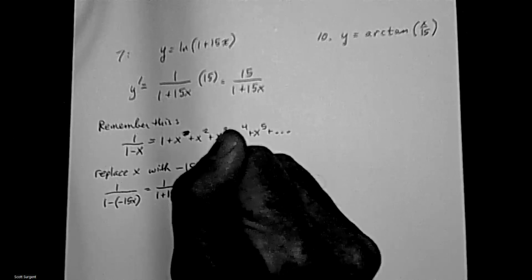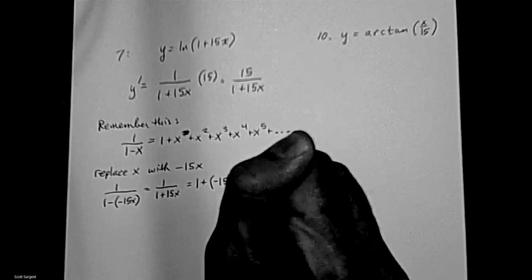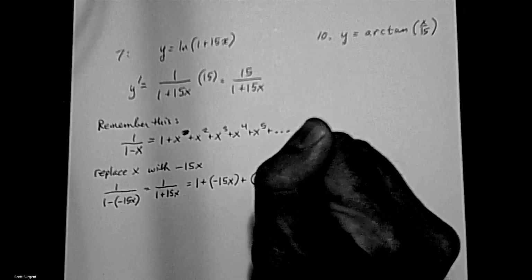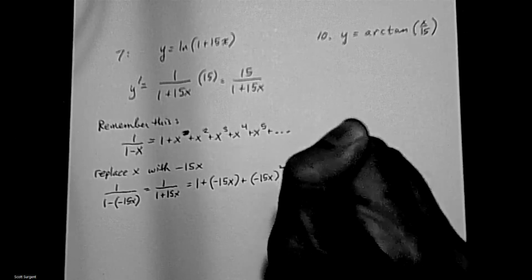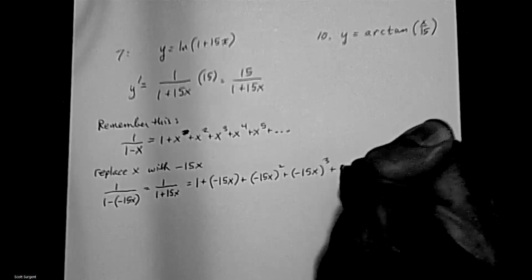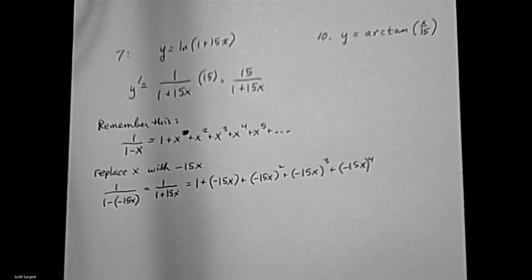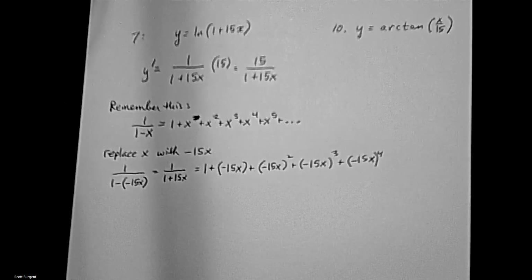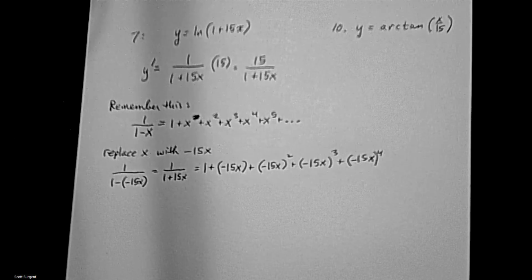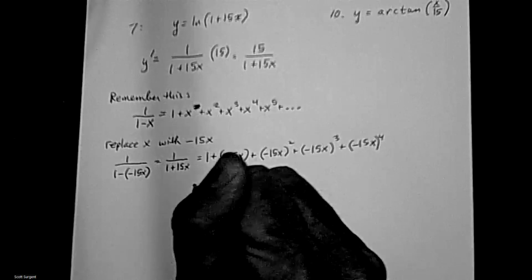So it becomes 1 plus negative 15x plus negative 15x quantity squared plus negative 15x quantity cubed. I'll do one more, plus negative 15x quantity fourth. Oops, sorry about that. And then I'll simplify that just a tad.